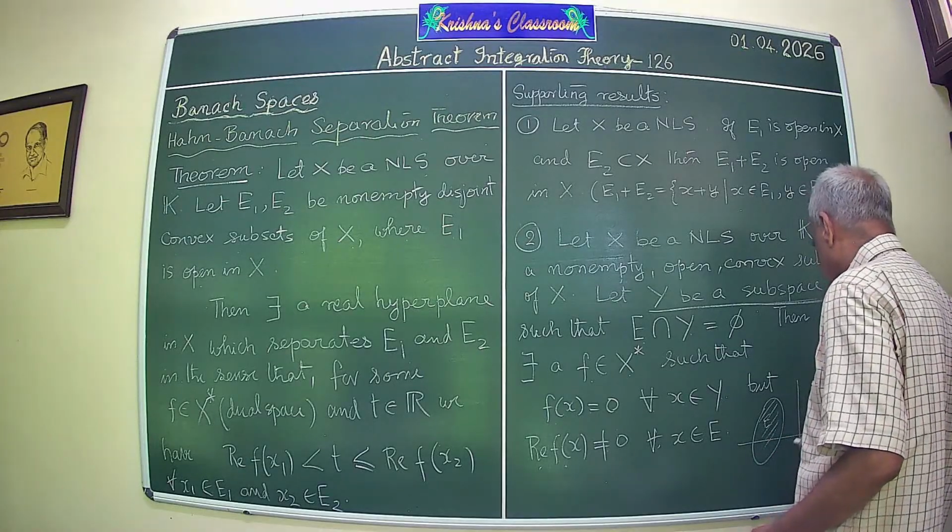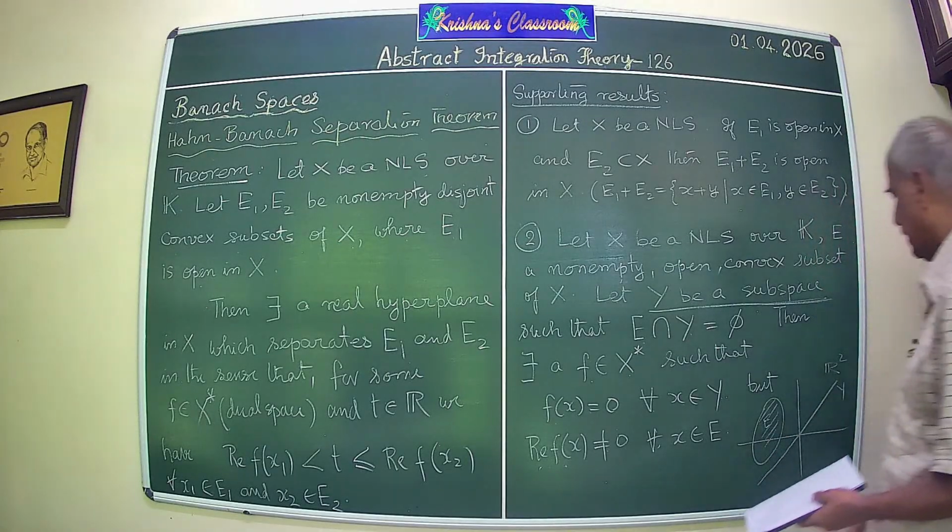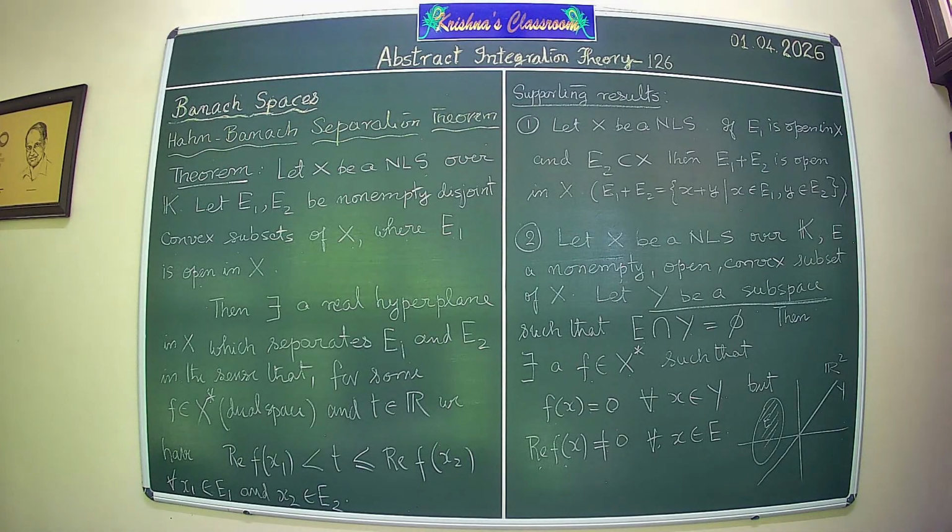So any subspace is a line passing through the origin. Y is a subspace such that E intersection Y is empty. This E and Y do not intersect.